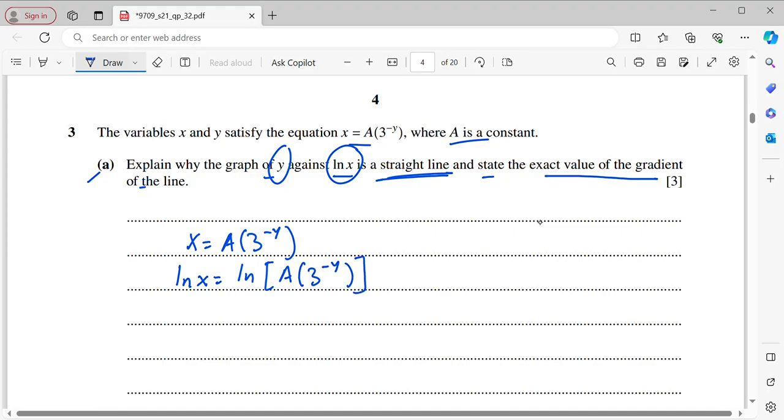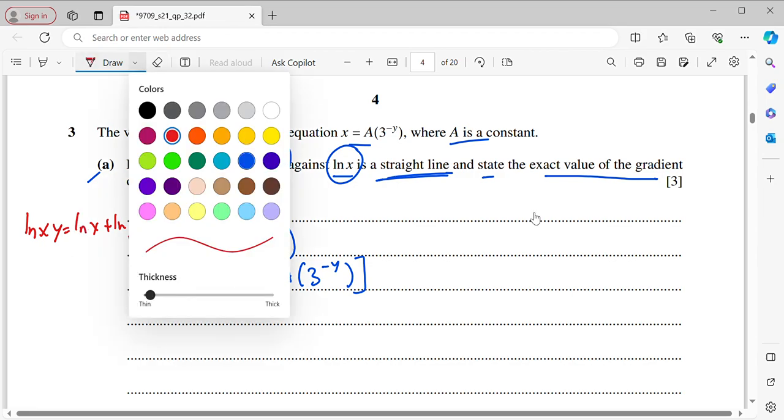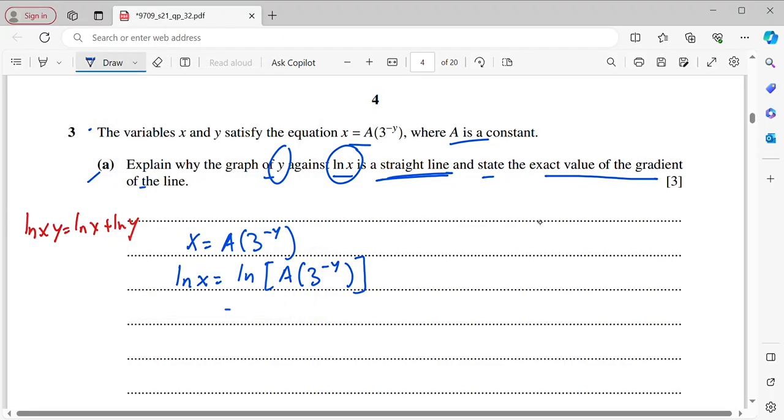Okay, so we have a formula here: ln xy equals to ln x plus ln y, when it is x times y. Which means the a times 3 to the power of negative y, you can split it into 2 ln. That would be ln a plus ln 3 to the power of negative y.